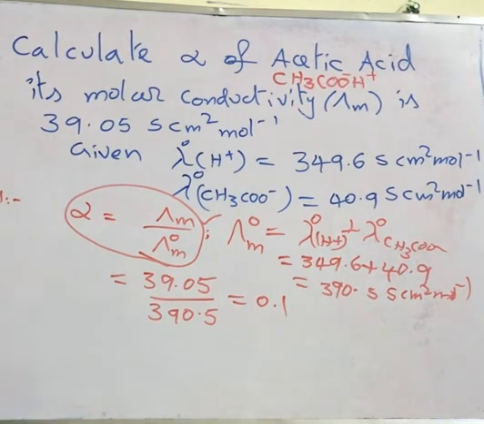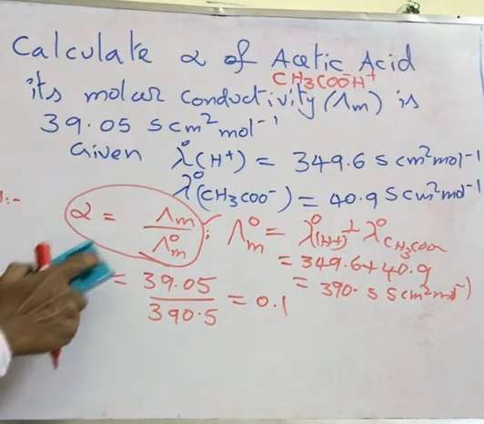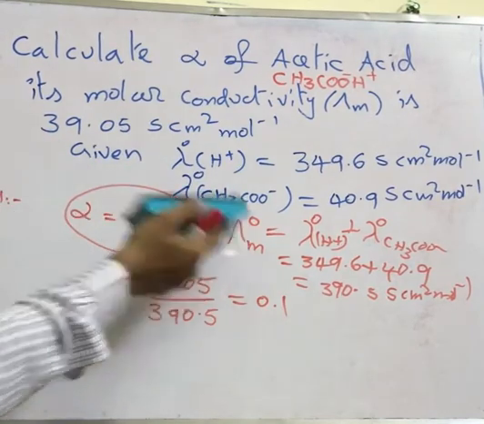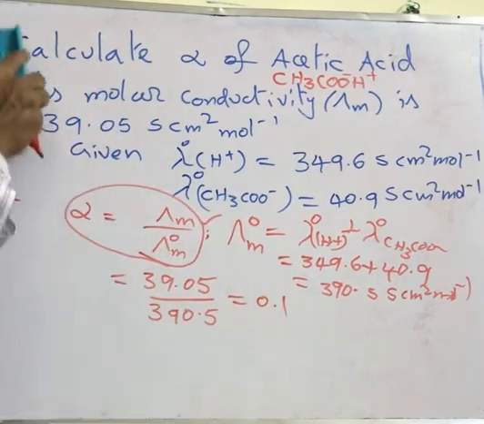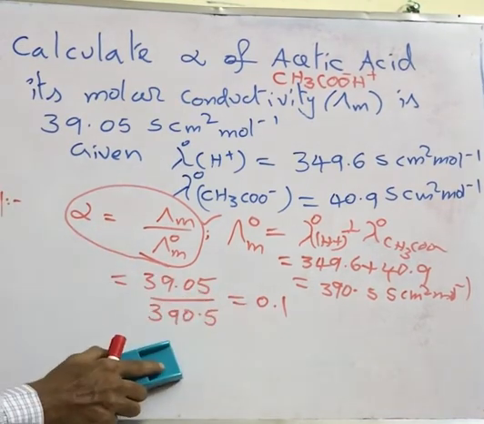They are not strong electrolytes, they are very weak, and their dissociation will never become complete at any dilution. So Kohlrausch's law is really helpful here. Using this we have calculated alpha, which is 0.1. Clear?